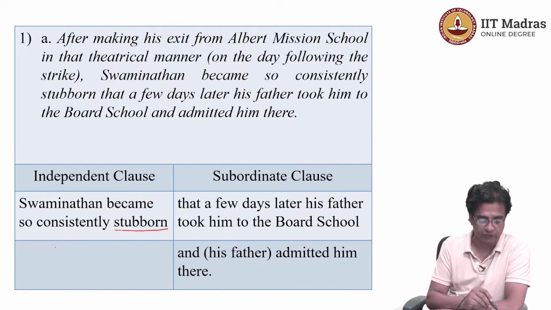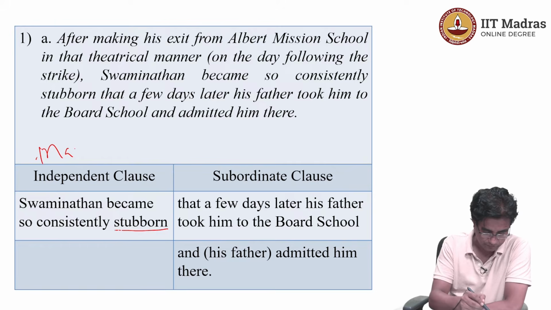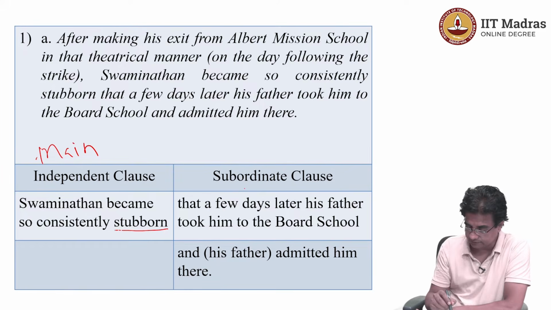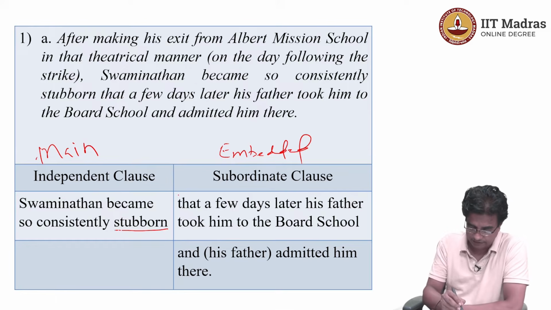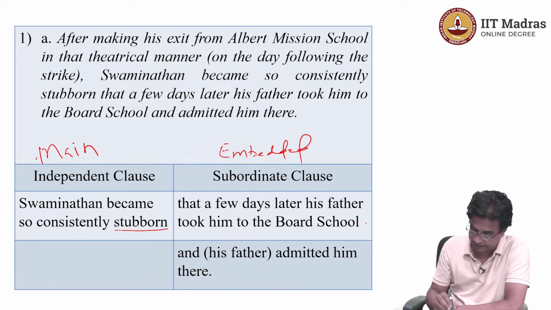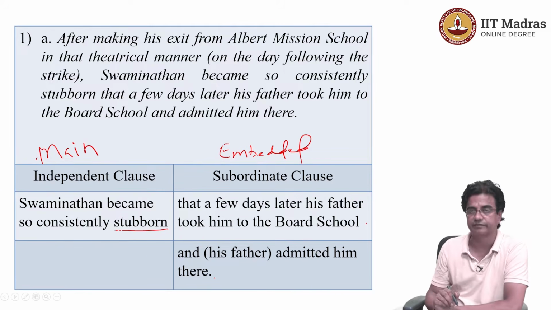This is the main clause. And this is the subordinate clause or embedded clause. That a few days later his father took him to the board school. This is one part. And admitted him there.